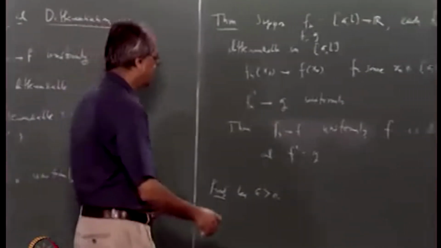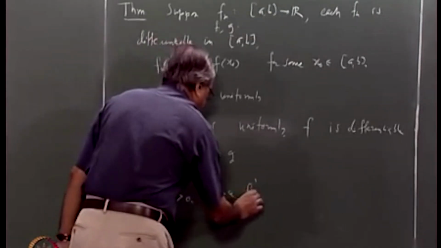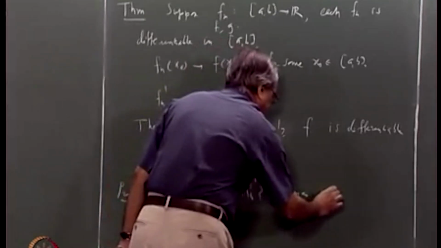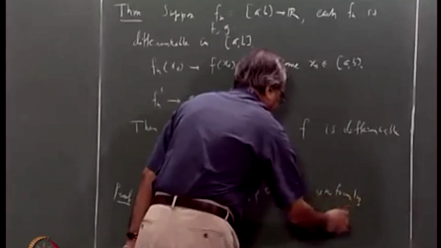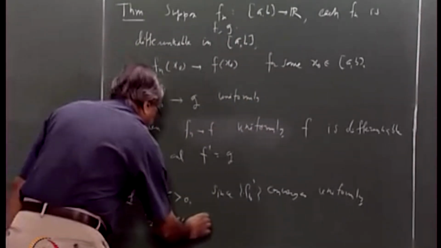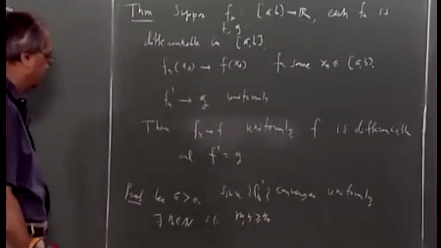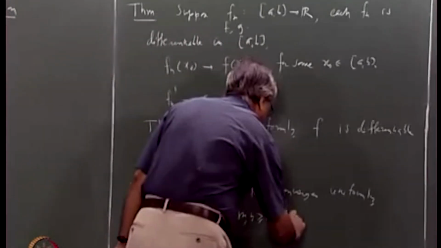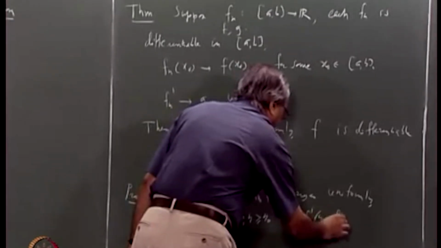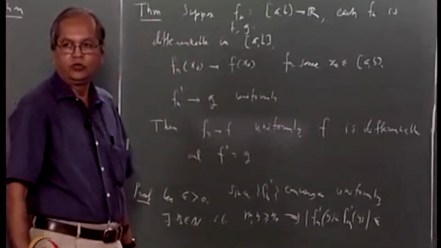Since fn prime converges uniformly, there exists n0 in N such that m and n bigger than or equal to n0 implies mod fn prime y minus fm prime y can be made less than or equal to any arbitrary number, for every y in [a,b].